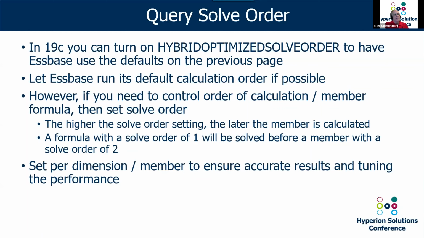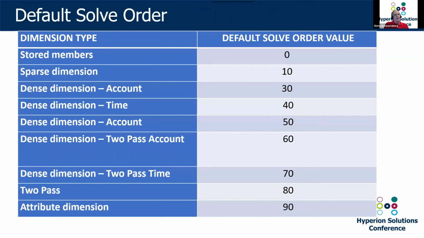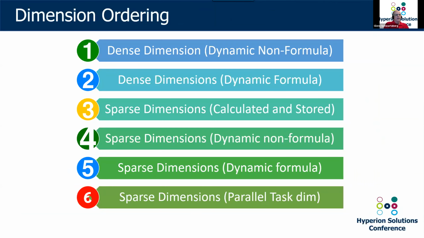Then it's going to do the 10s, then the 20s, etc. In a single dimension, it also does it across the multiple dimensions, and it's going to do it in this order as well, based on if I have equivalent solve orders across multiple dimensions.